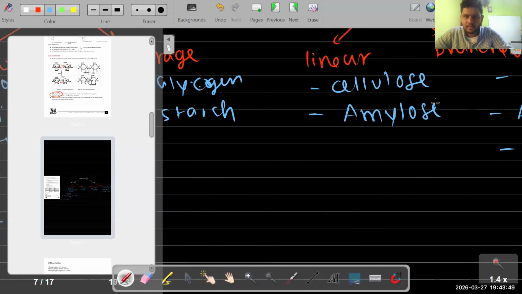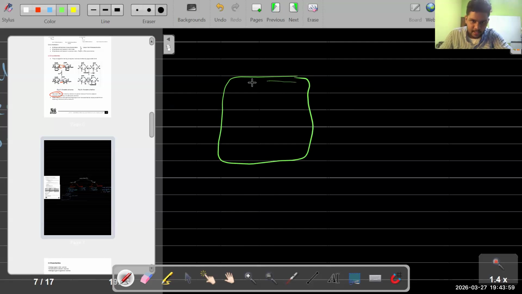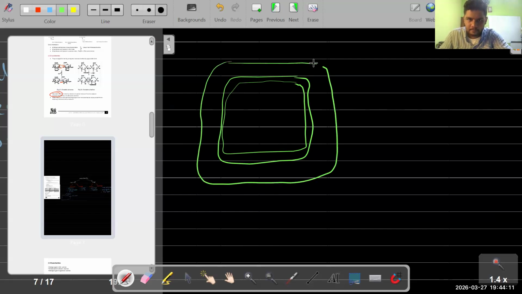Now you will be learning this in your upcoming lessons. If you see the plant cell wall, the plant cell looks like this, right? Inside the plant cell there is a plasma membrane. Am I right? There's a plasma membrane. But there's an untold thing. This is the cell, right? Now see this part. Wait, I'll use another color.